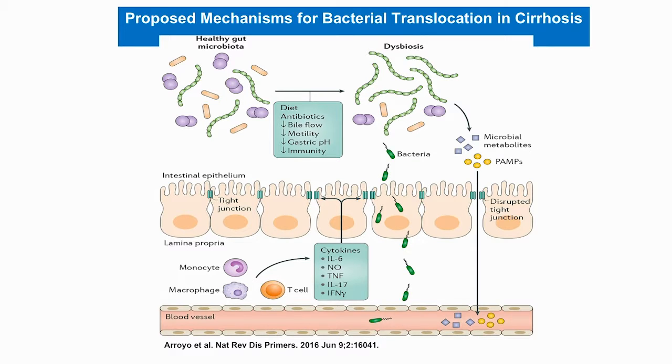patients with cirrhosis develop a dysbiosis because of diet, because of antibiotics, because of decreased bile flow, because of decreased intestinal motility, decreased gastric pH, and probably also an impairment in the gut immunity. And this results in the dysbiosis. This is the first phenomenon.